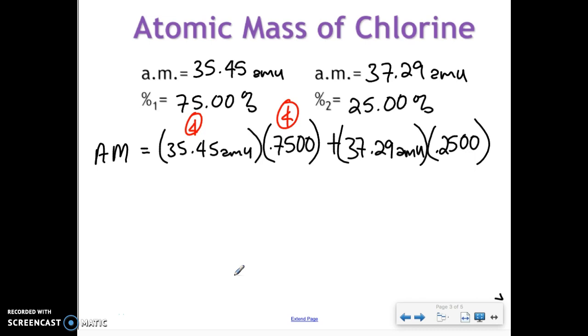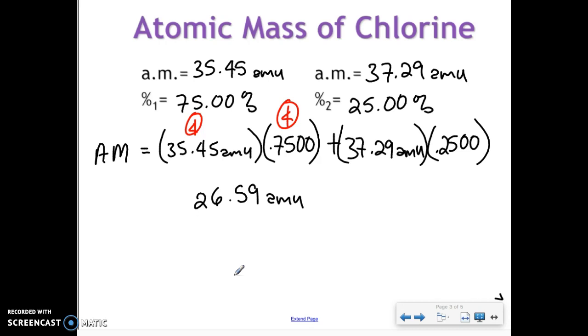So 35.45 times 0.7500 gives me 26.5875. However, I only want 4 significant figures, so I'm going to round that to 26.59 AMUs. Got to carry my units along, okay?